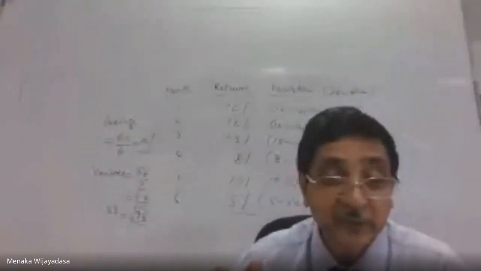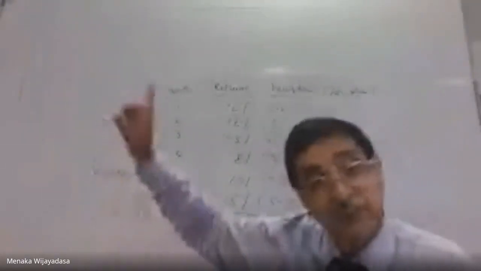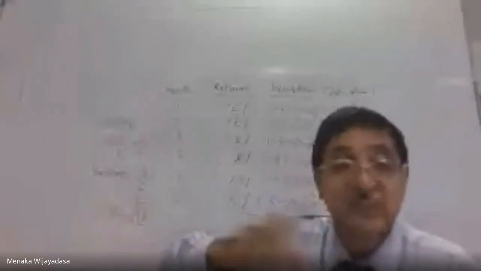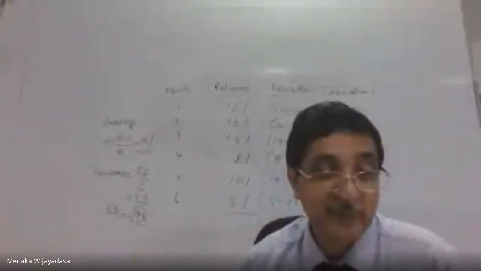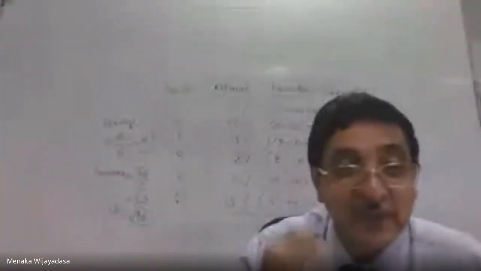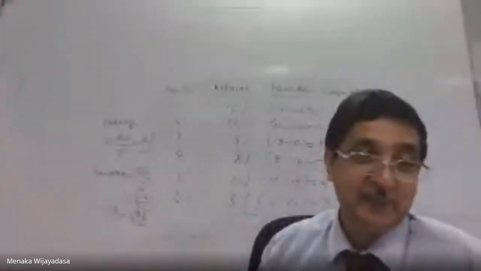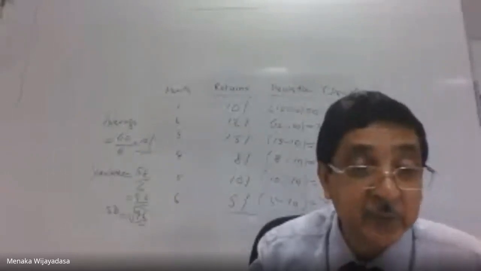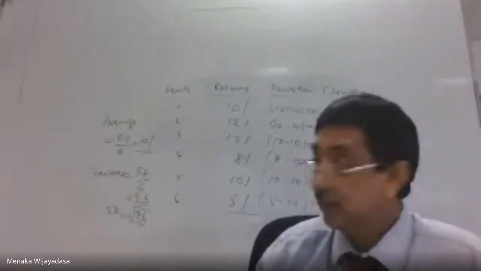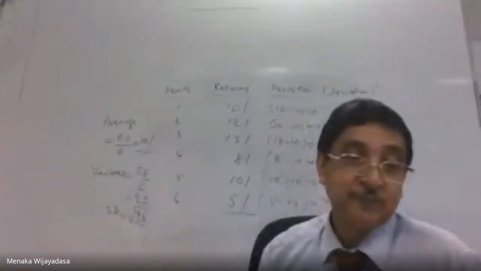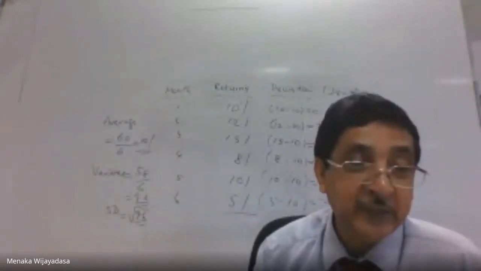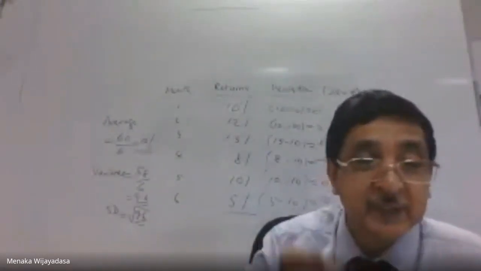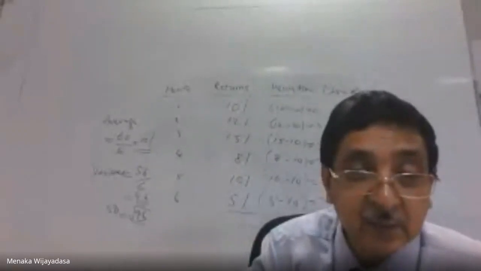If the variance is higher for that branch, we call it a more risky branch. So that is how risk is calculated through variance. But basically the risk is calculated not on the variance, we call it the standard deviation. Standard deviation is the square root of the variance. So these are the physical implications.